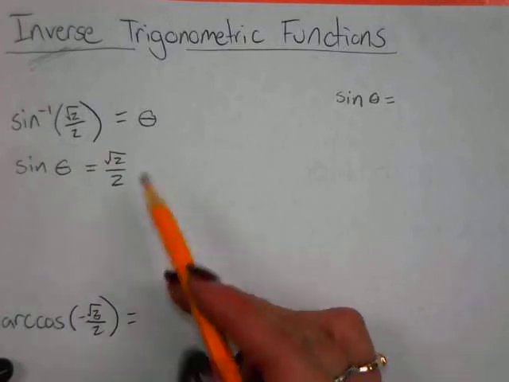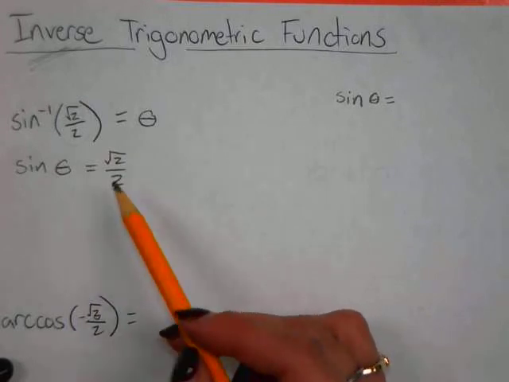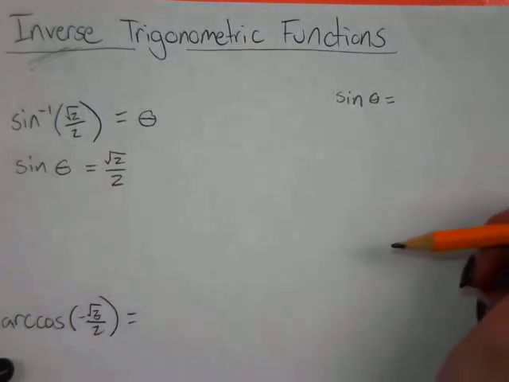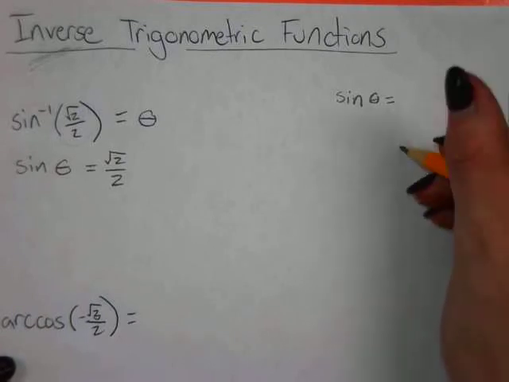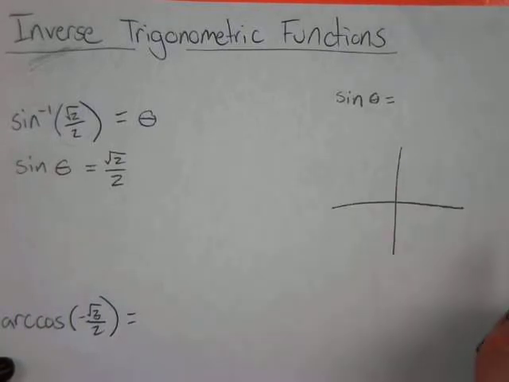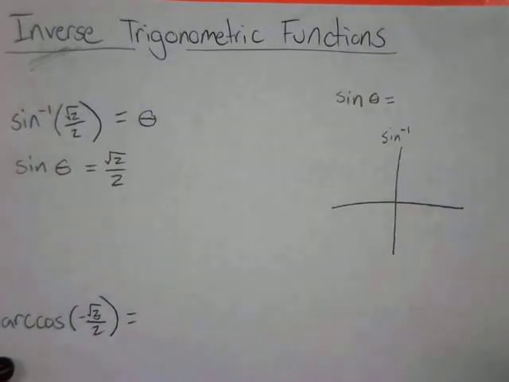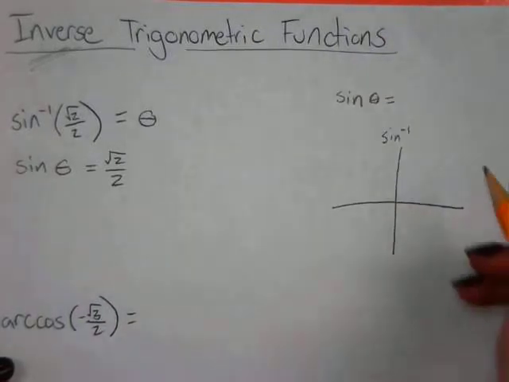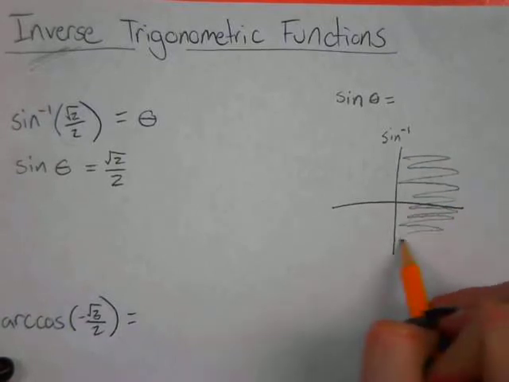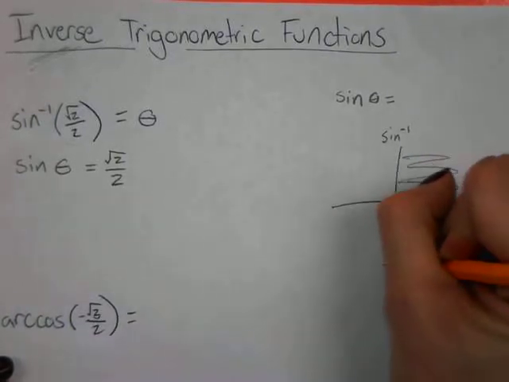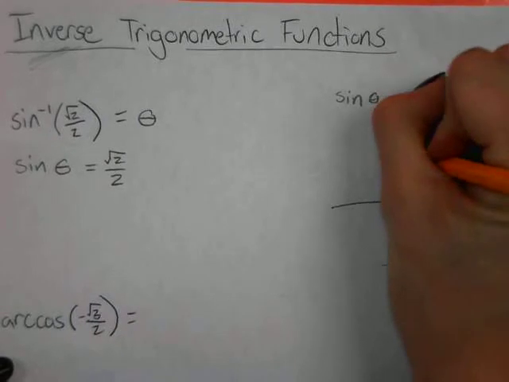Now there's multiple angles that this would happen at, so remember, for inverse trigonometric functions we also have to restrict our domain. For inverse sine, the domain restriction is for the first and fourth quadrants, from negative pi over 2 to positive pi over 2.